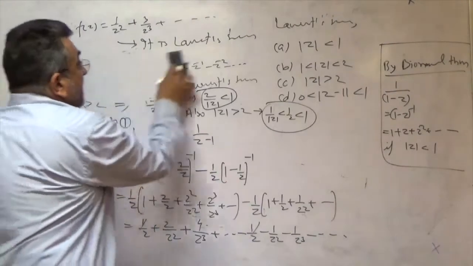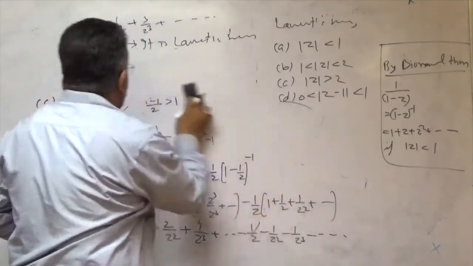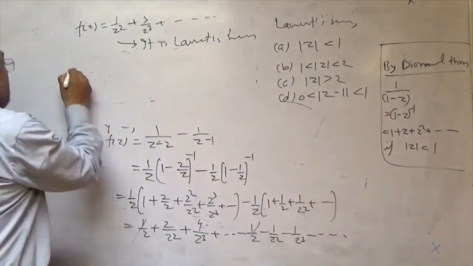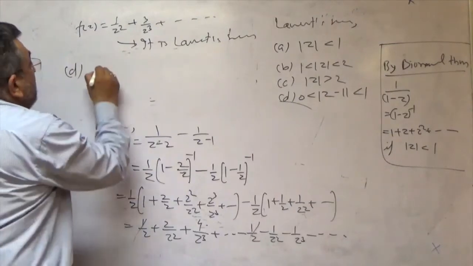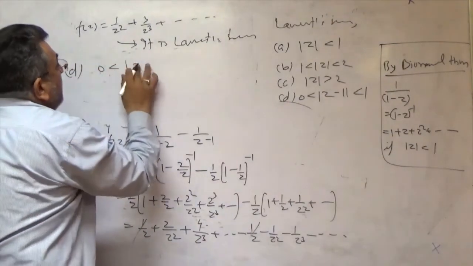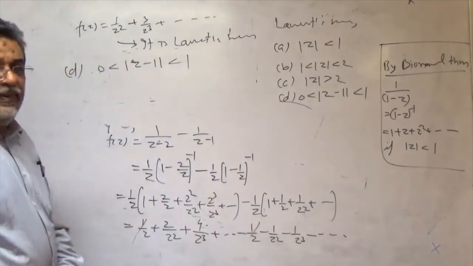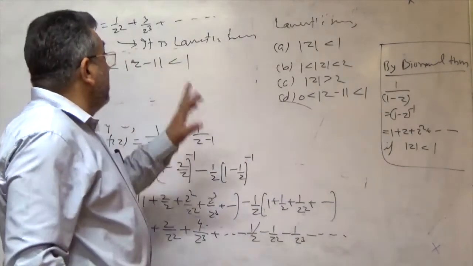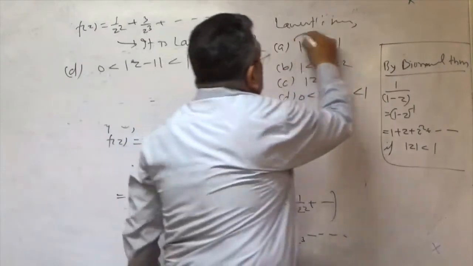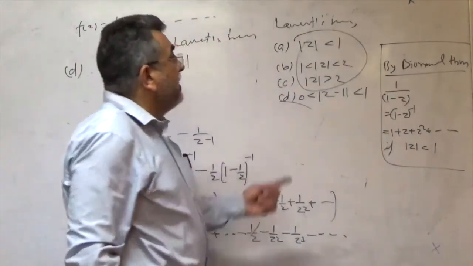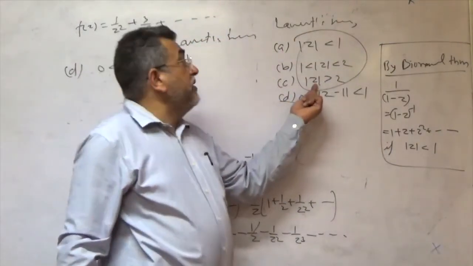Now, we take last part, that is the D part. If region is given by this, 0 is less than mod z minus 1 is less than 1. Right? Your point changes. In these three parts, expansion was about z minus 0.